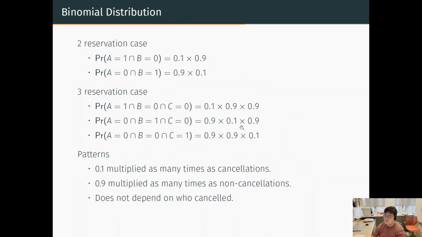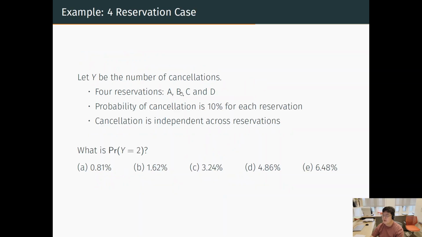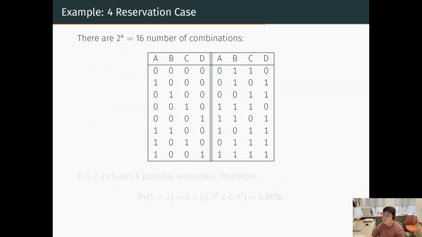Remember this principle. We just calculated this part, which was pretty easy. Now we have to calculate this part, how many different outcomes there are in this event, and then do the brute force.